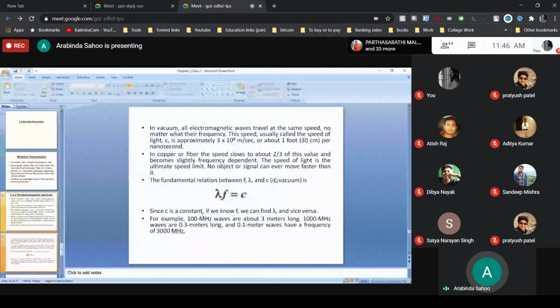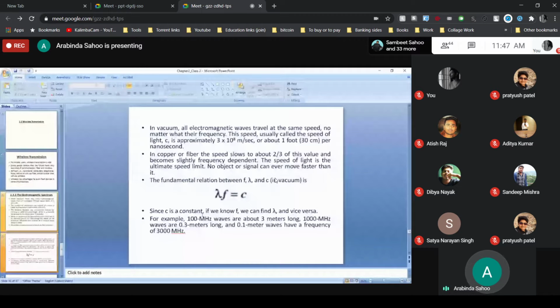This is one important expression, so write down lambda f equals c. In vacuum, all electromagnetic waves travel at the same speed no matter what their frequency is. This speed is usually called the speed of light c, and approximately c is equal to 3 into 10 to the power 8 meters per second.